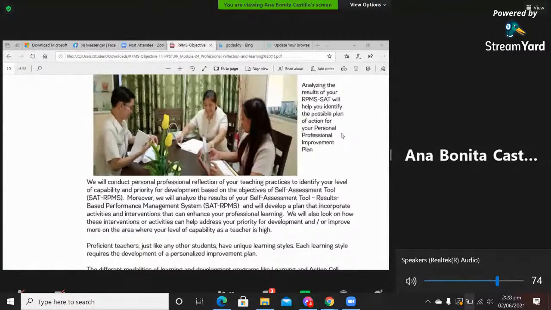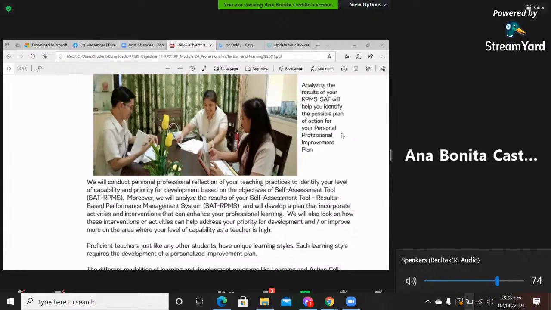We will conduct personal professional reflection on your teaching practices to identify your level of capability and priority for development based on the objectives of the self-assessment tool. Moreover, we will analyze the results of your self-assessment tool in the results-based performance management system, and we will develop a plan that incorporates activities and interventions that can enhance your professional learning.